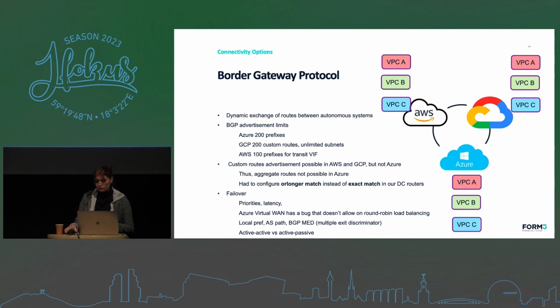So quite a few problems. Moreover, with failover and performance. At first, it looked like the performance across three clouds was very similar. However, once we started to hit or were close to the bandwidth limit, it turned out that with Azure, again, we have some problems with Virtual WAN and the way the connectivity and routing in Azure works.